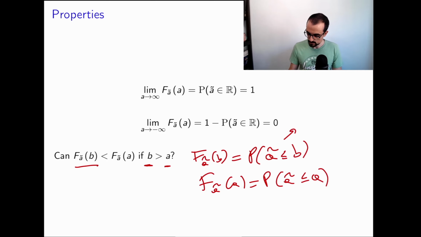So this is actually equal to the probability that the variable is in minus infinity to a, union a to b, right? So what I'm saying is, maybe a picture is better.